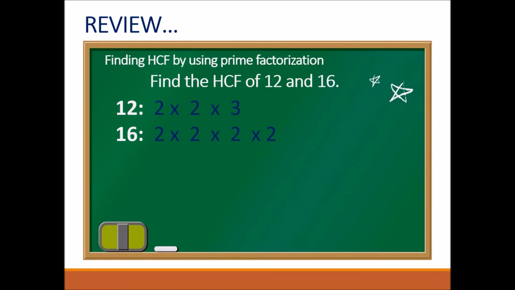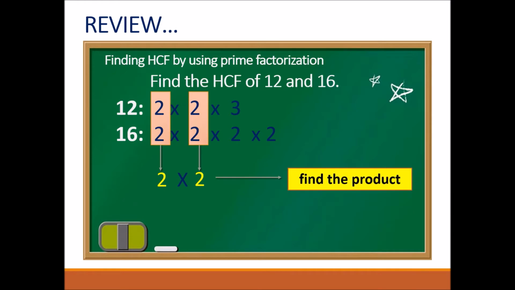Then, find the common or the same prime factors of the given numbers, and we have 2 and 2. After this, we find the product and we get the highest common factor, which is 2 multiplied by 2 is equal to 4.